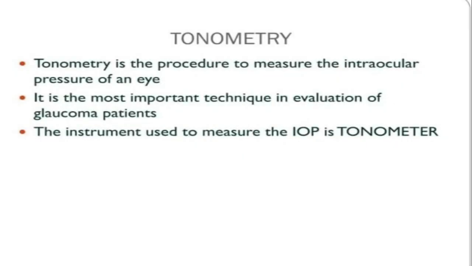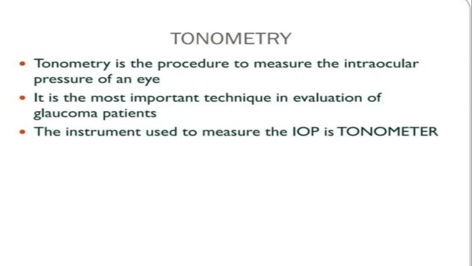Tonometry is the measurement of intraocular pressure, IOP, within the eye. It is a diagnostic test commonly used in ophthalmology to assess conditions such as glaucoma. There are various methods of tonometry, including applanation, non-contact, and indentation tonometry.